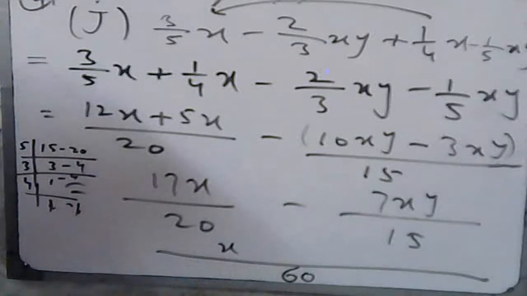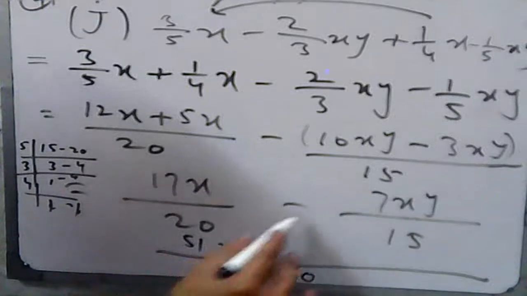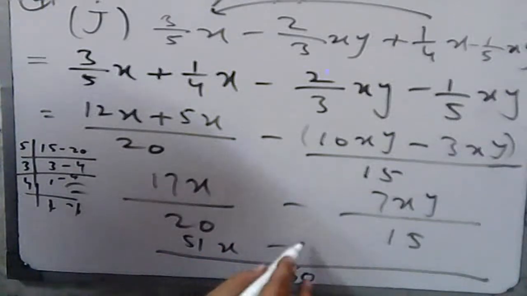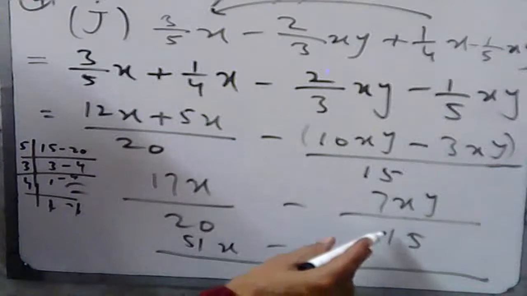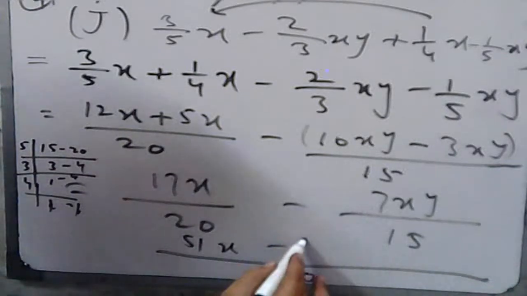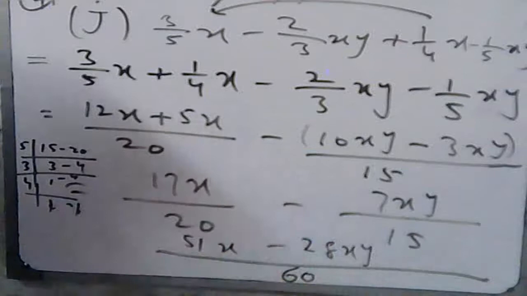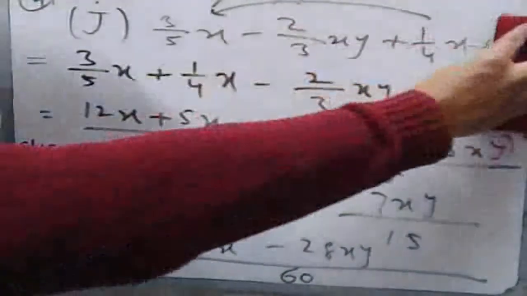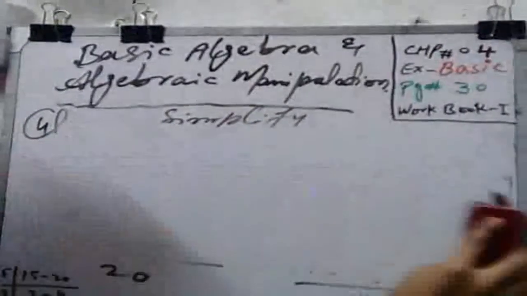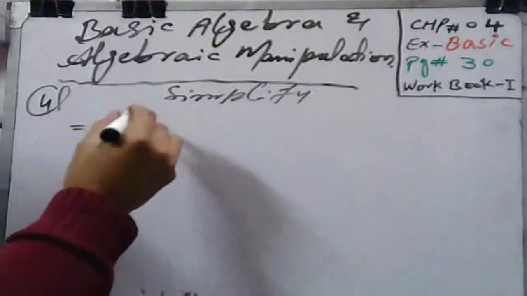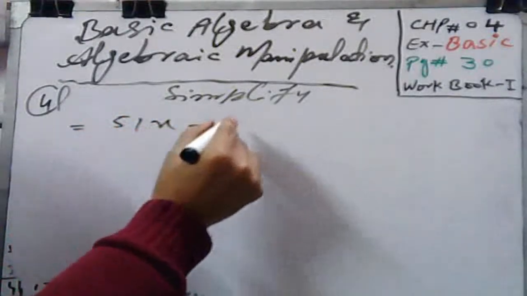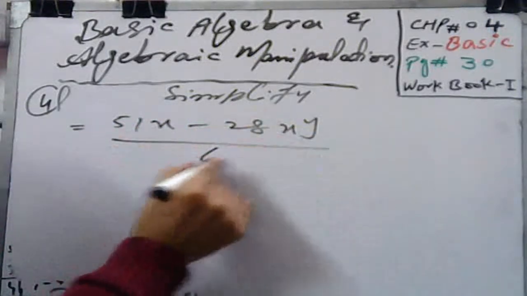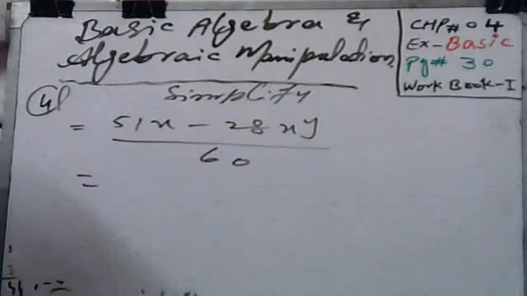Divide by 20, you will get 3, 3 multiplied by 17, so you will get 51x, and 7 fours are 28xy, dividing 60 by 15. So that is your 51x minus 28xy divided by 60.